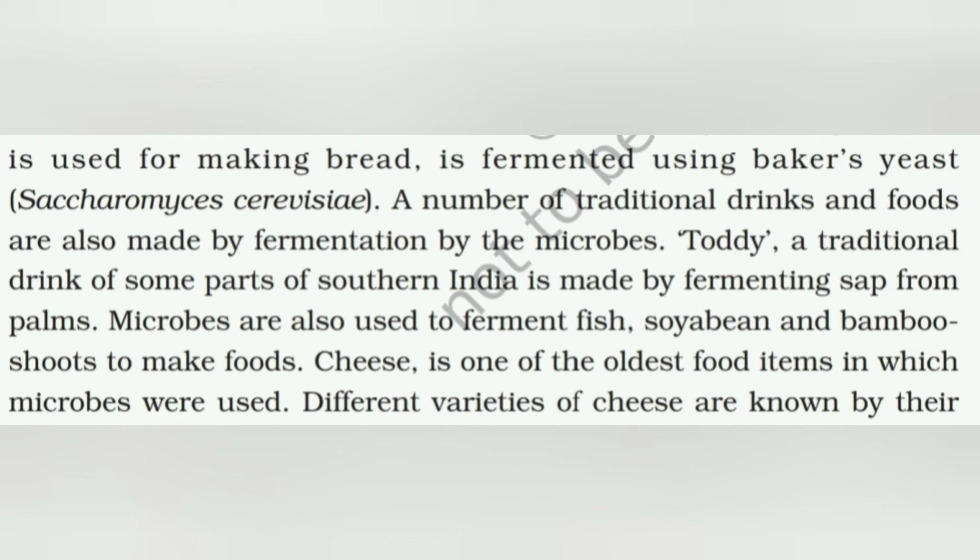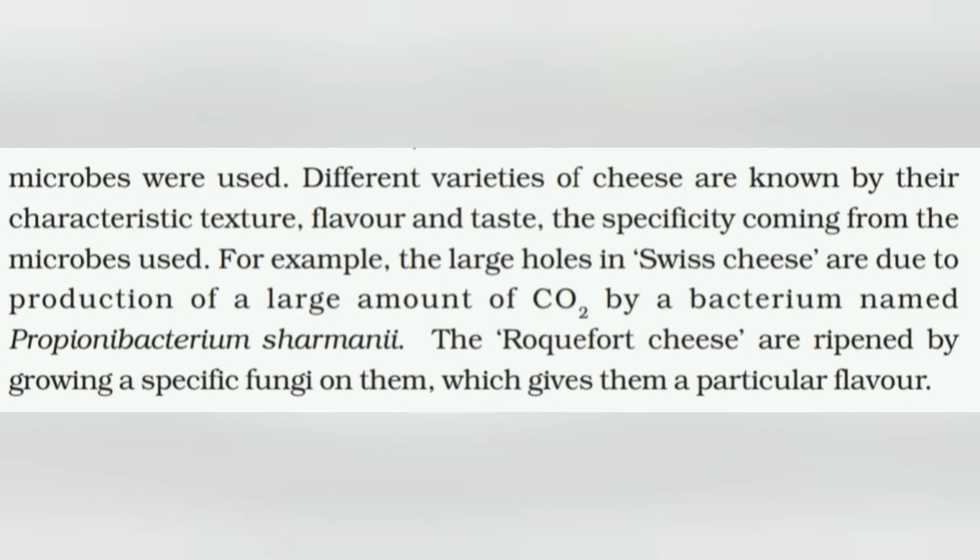Different varieties of cheese are known by their characteristic texture, flavor, and taste. The specificity comes from microbes that are used. For example, large holes in Swiss cheese are due to the production of large amount of CO2 by a bacterium named Propionibacterium sharmanii.